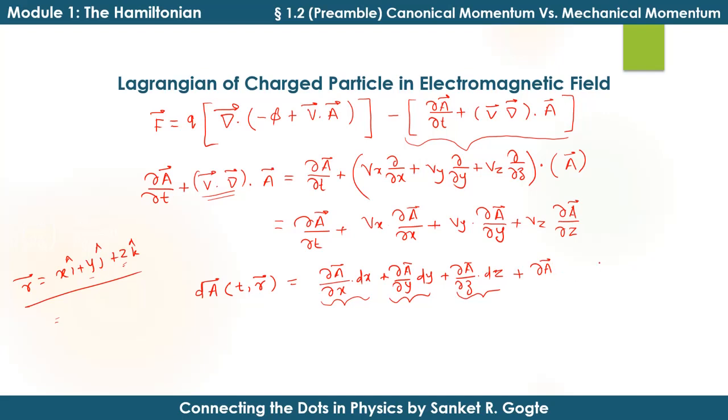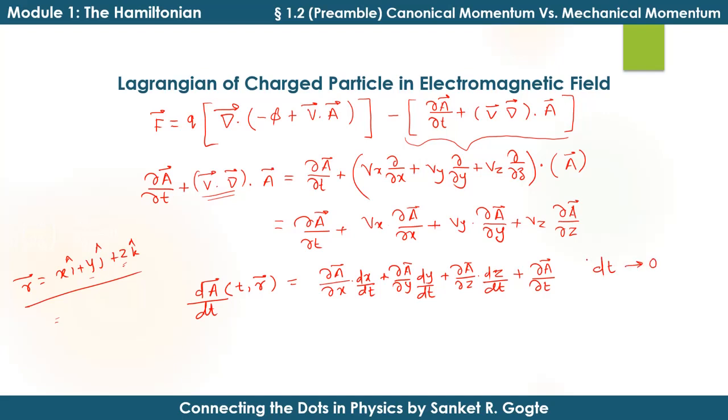So I'll write it like this. Let me divide everything by dt, infinitesimally. Let's erase all this dt. So I'm dividing the whole equation by dt, and this also is dt, where dt is tending to 0.